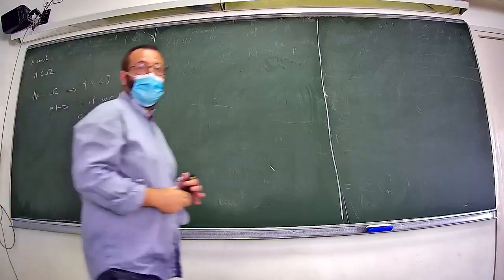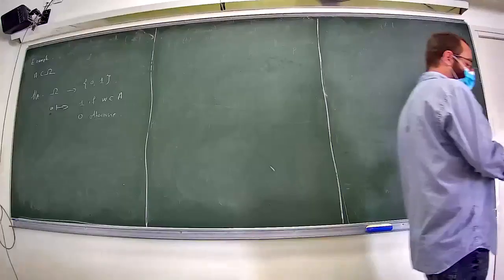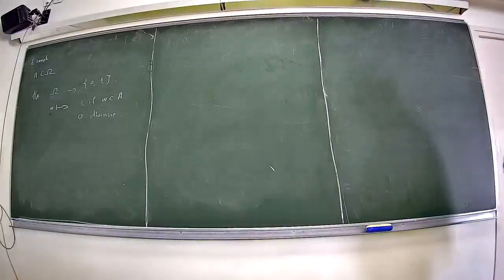From my previous definition, I have here a random variable, a very basic one, taking only 2 possible values.